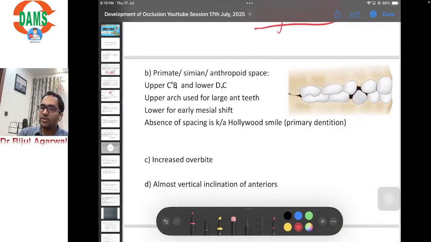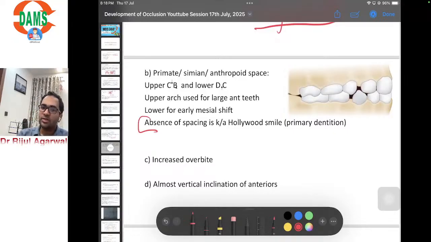Next feature or the normal feature of primary dentition is primate or simian or anthropoid space. It is the space present between the upper lateral and the canine and the lower canine and the first molar. This I have already mentioned to you.